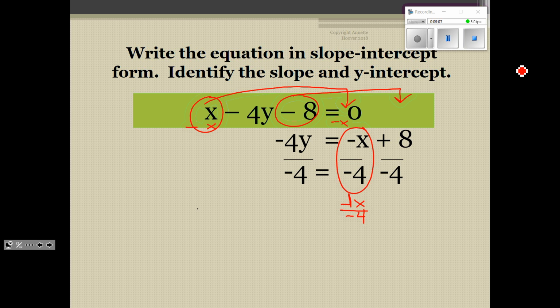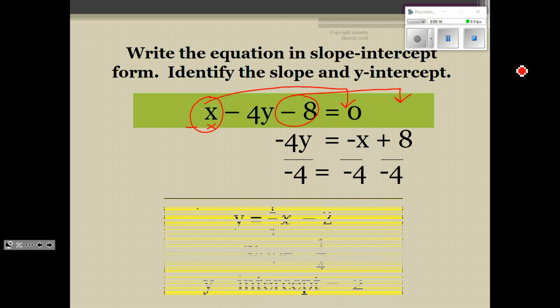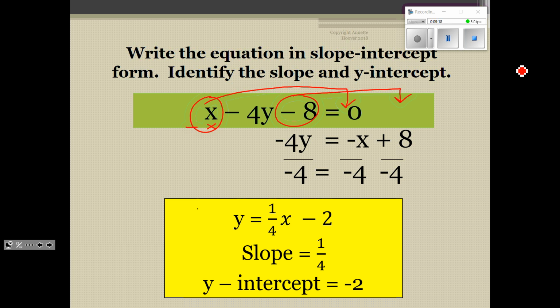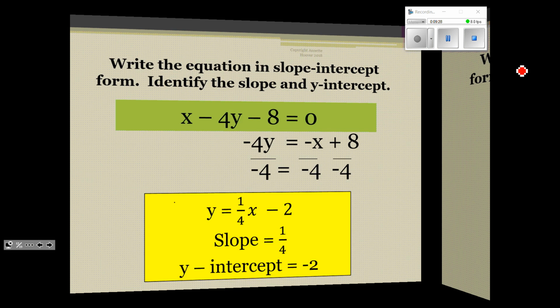We have 2 negatives, so that would be a positive 1/4 x. You just have to learn how to recognize that. So our equation would be y equals 1/4 x minus 2, because 8 divided by negative 4 is a negative 2. So our slope is 1/4, and our y-intercept is negative 2.